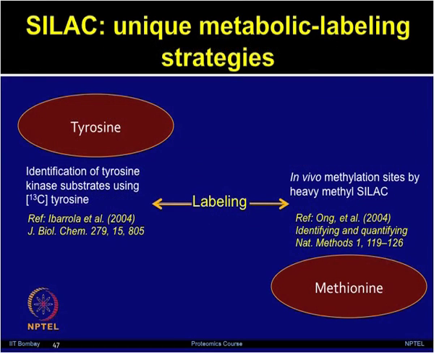Researchers have reported various unique metabolic labeling strategies. For example, by using tyrosine, the identification of tyrosine kinase substrates using 13C tyrosine. Labeling is also performed by using methionine, for in vivo methylation sites by heavy methyl SILAC.